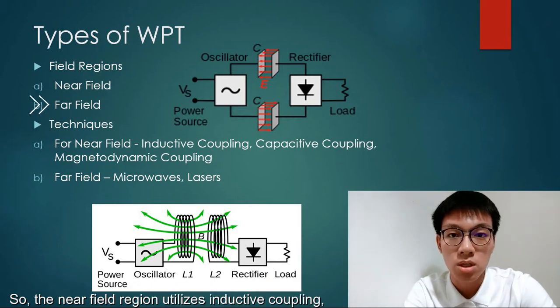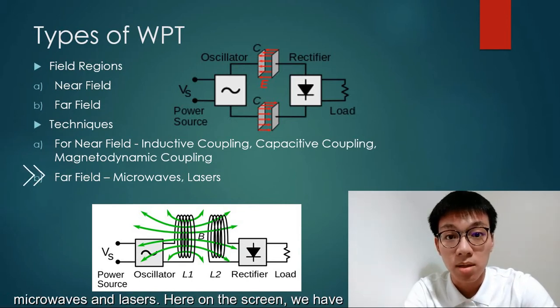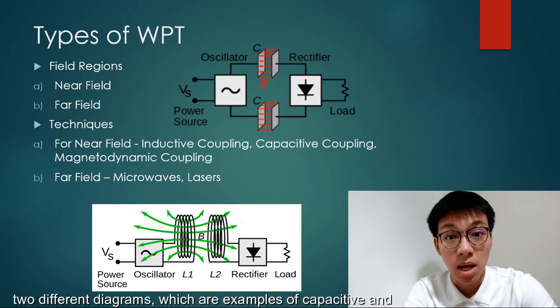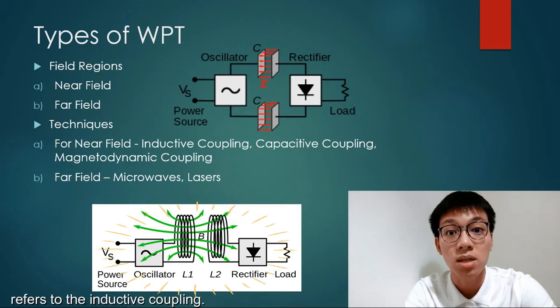The near field region utilizes inductive coupling, capacitive coupling, and magnetodynamic coupling, while the far field uses microwaves and lasers. Here on the screen, we have two diagrams, which are examples of capacitive and inductive coupling. The top one is the capacitive coupling, while the one below refers to the inductive coupling.